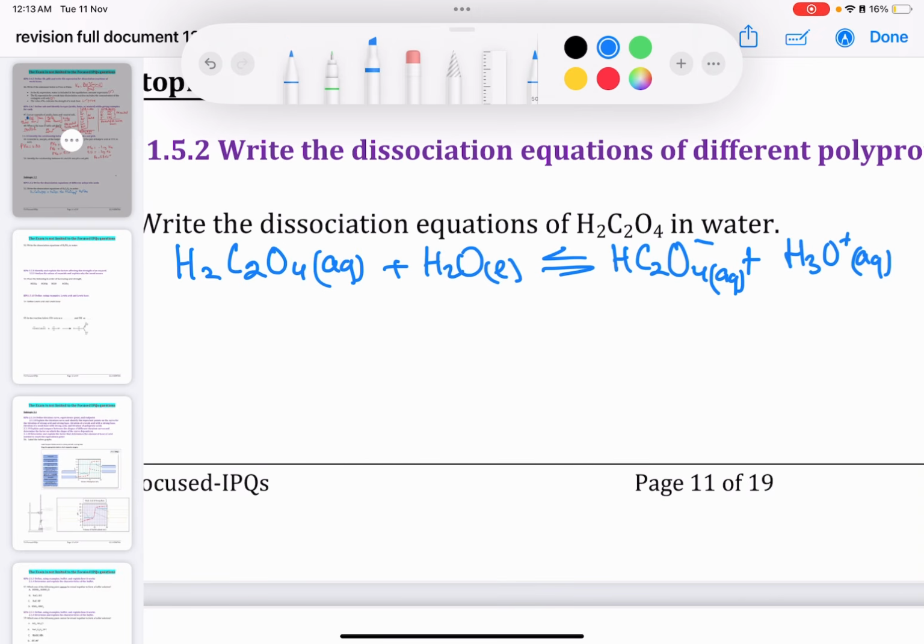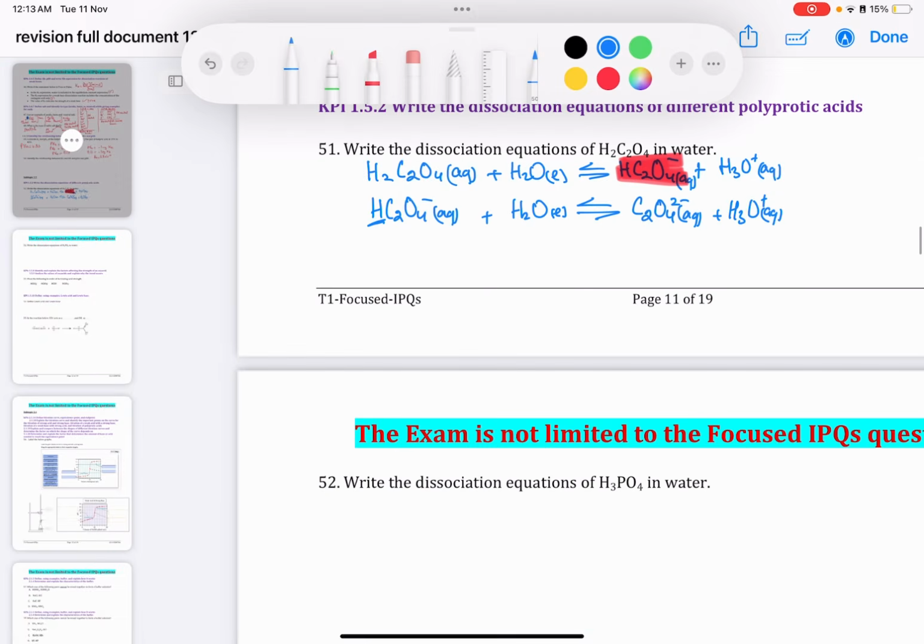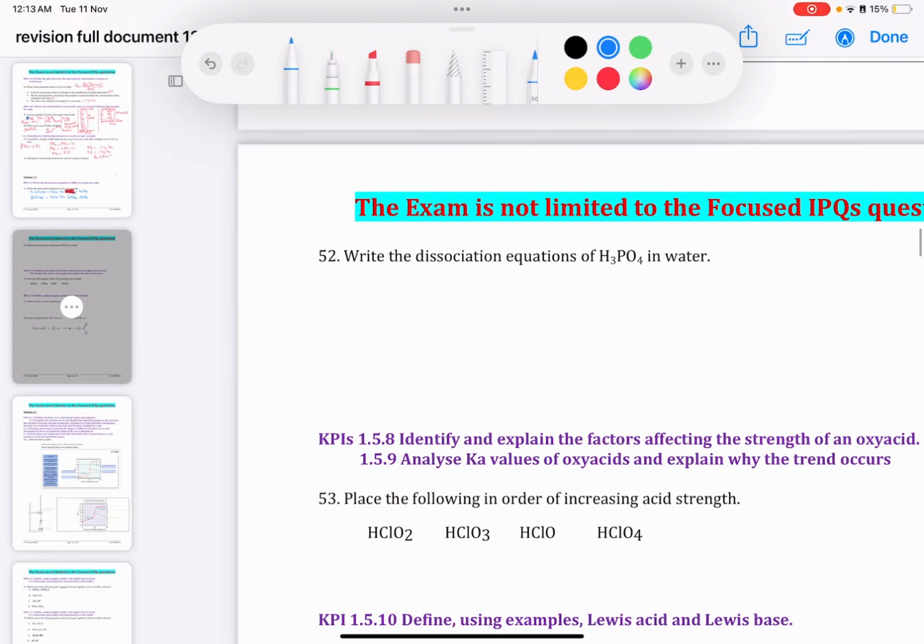Now the second step, you take this one conjugate base formed, and you dissociate it again, plus water, and you get, now you remove this hydrogen, C2O4, and now it becomes 2 minus instead of 1 minus. That's AQ, plus H3O plus AQ. So again, that's a diprotic acid, so 2 steps ionization.